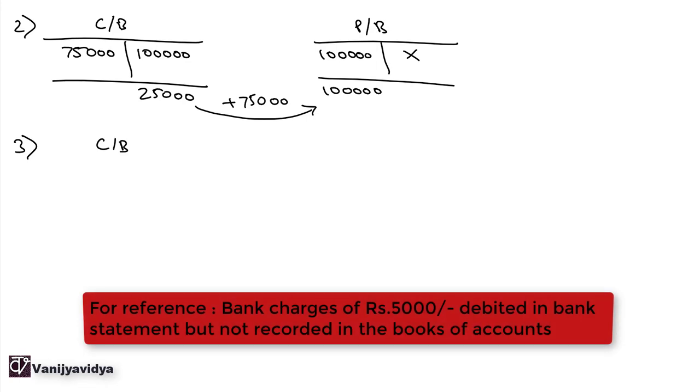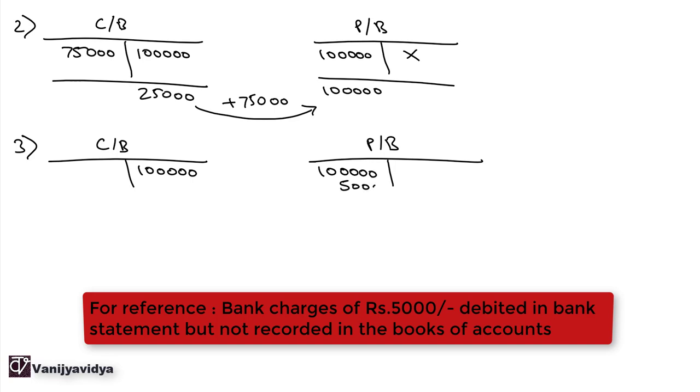Third, cash book, passbook. 1 lakh credit, 1 lakh debit as per passbook. Now 5,000 bank charges, they are debited by the bank. So they are recorded in the passbook. No entry in the cash book. So balance as per cash book is 1 lakh.